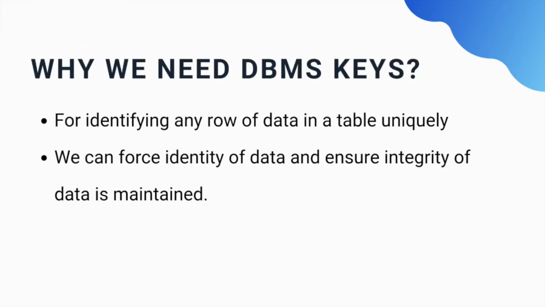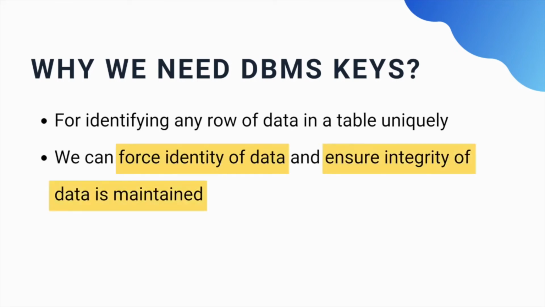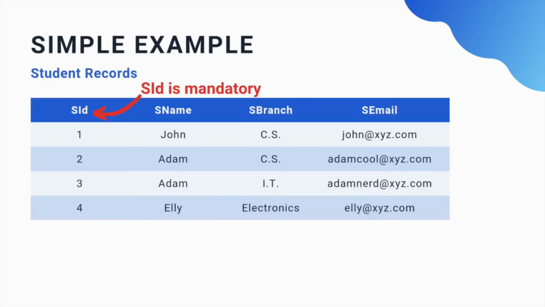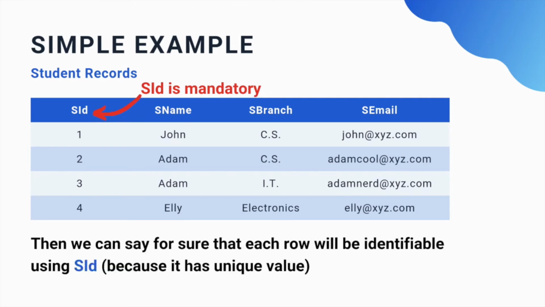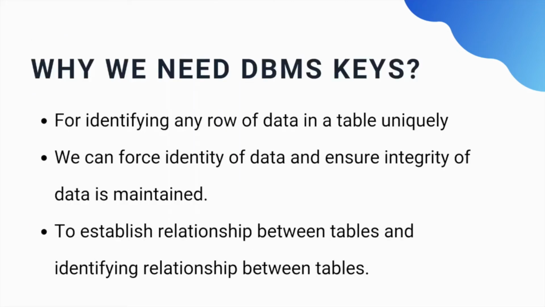Another big reason, which is kind of an extension of the first reason, is we can force identity of data and ensure integrity of data is maintained using DBMS keys. By making an attribute a key and making it mandatory, we can enforce that anything inserted in the table is identifiable, hence ensuring data integrity too. And last but not the least, we can establish a relationship between tables using keys.